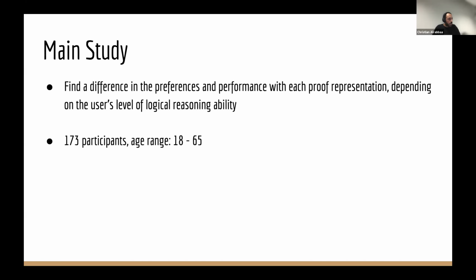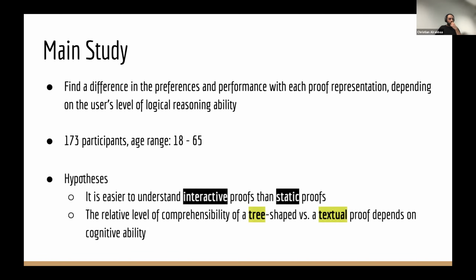In this study, we had 173 participants in the age range between 18 and 65. The main hypothesis is that it is easier to understand interactive proofs in comparison with static ones, and that the understanding of proofs which are tree-shaped versus proofs that are text-based depends on the cognitive ability of the user.